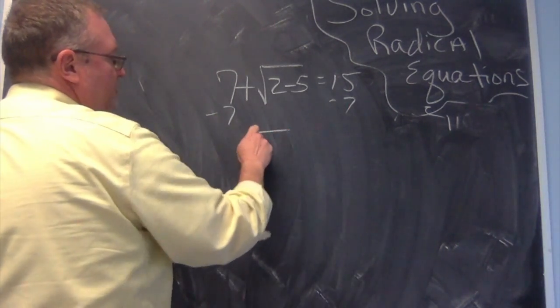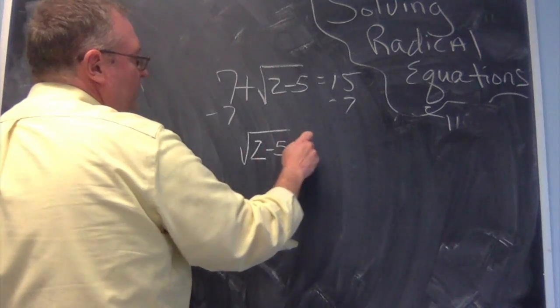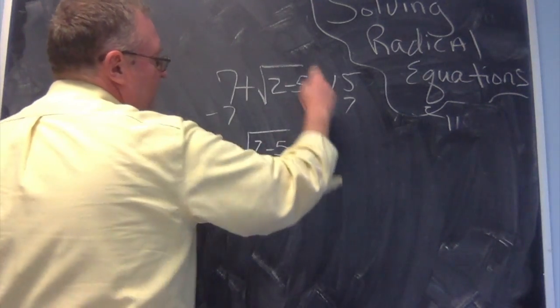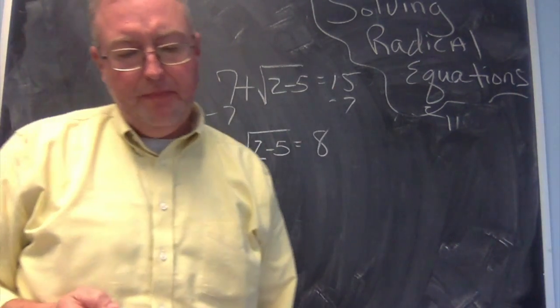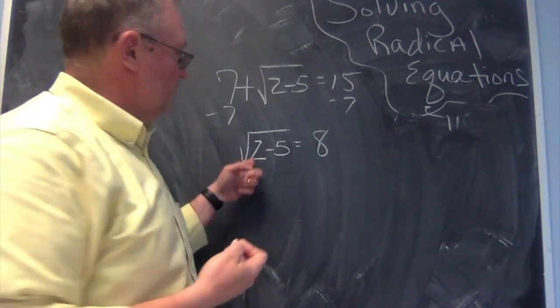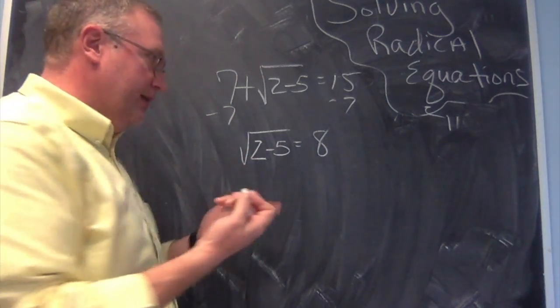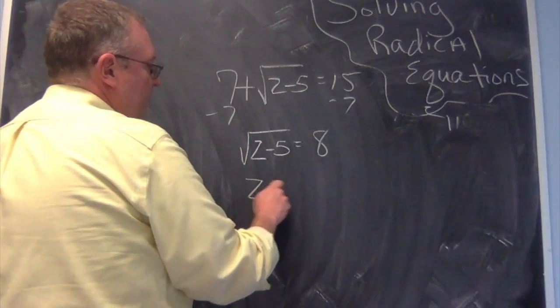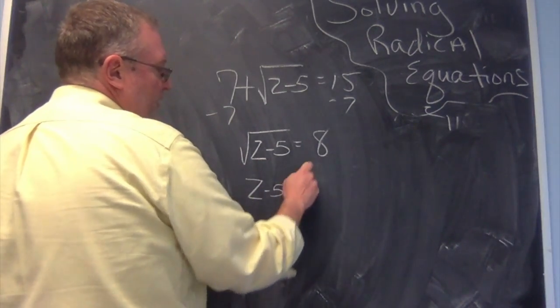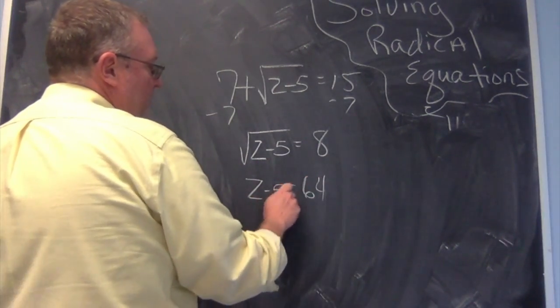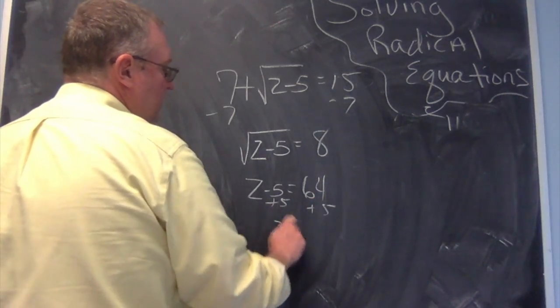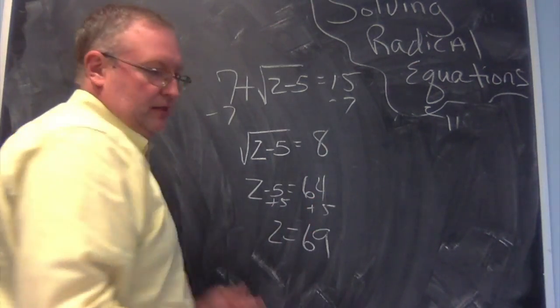I have the square root of z minus 5 equals 15 minus 7, which is 8. All right? And then to get rid of the square root, I got to square it, which equals z minus 5. But it equals 8 times 8. I got to square that side too. 64 plus 5, and z equals 69.